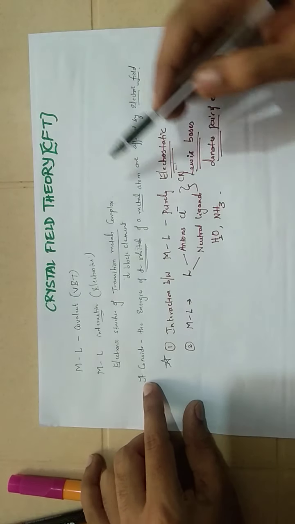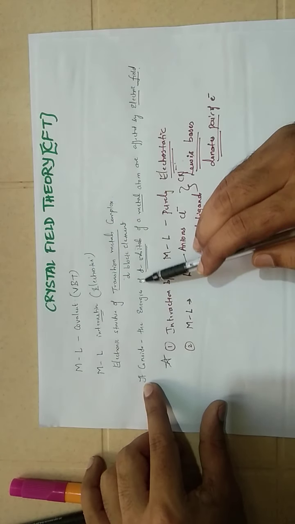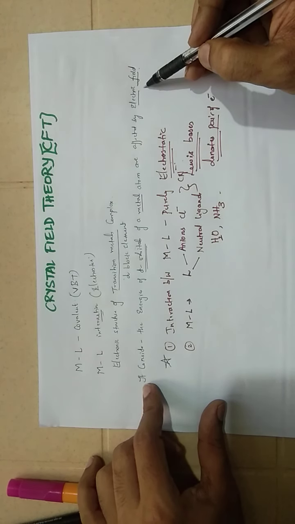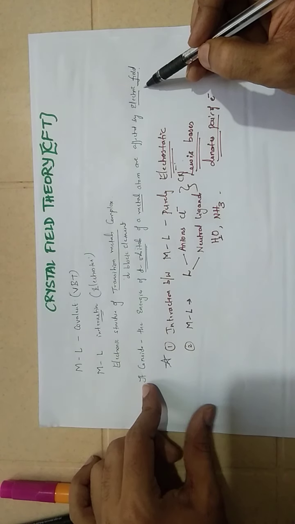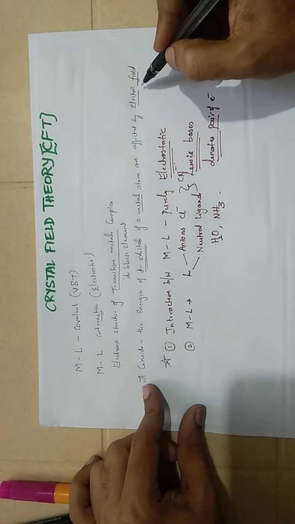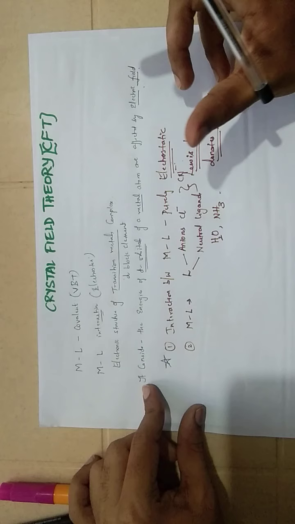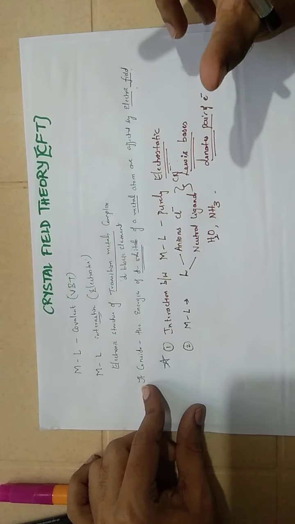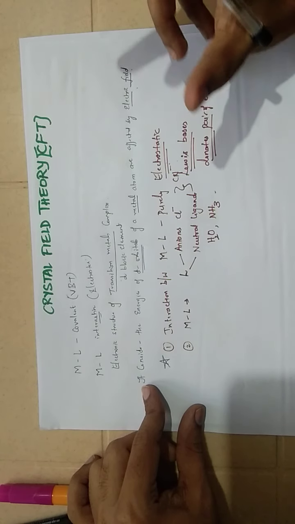And a very important thing is that it considers that the energies of the d orbitals of the metal atom are affected by the electric field. We know that in an electric field there is a charge separation, or when two charged particles come together, right?